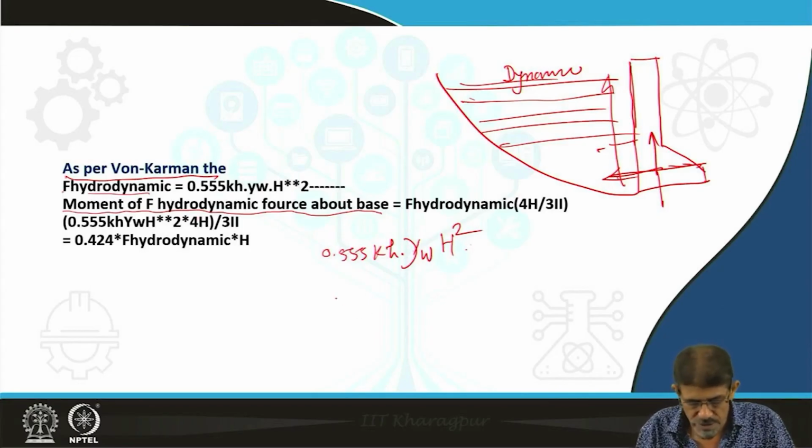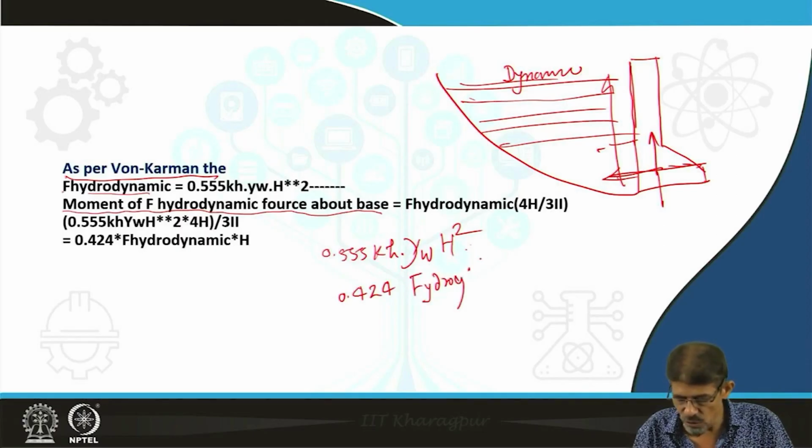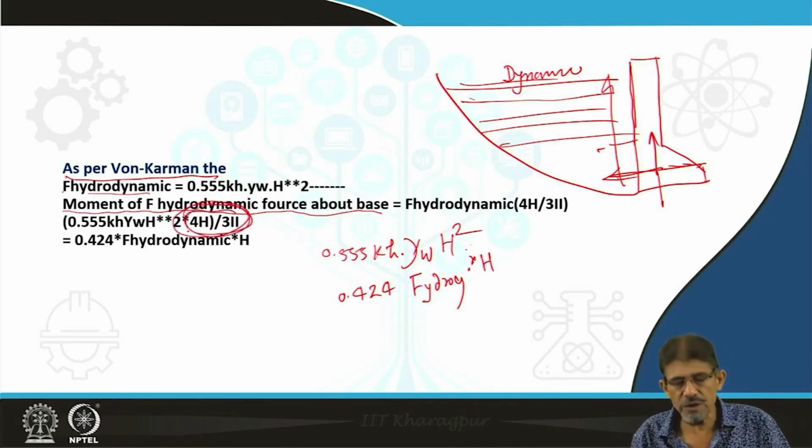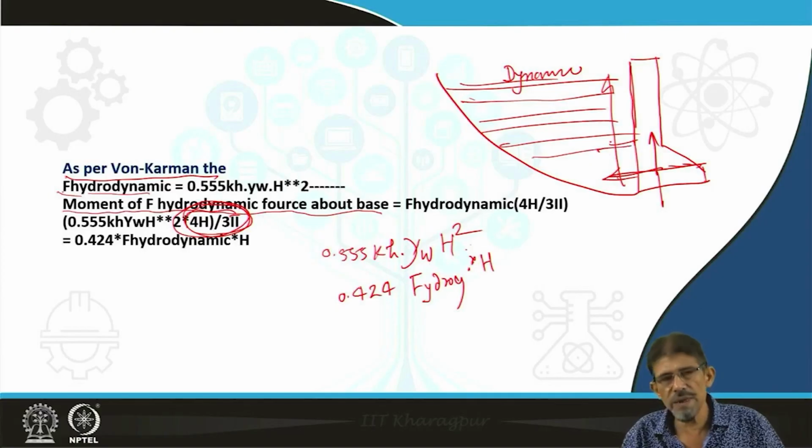So we can simply say that it is 0.424 F hydrodynamic into H, because we involve 4H by 3 pi. In this way we calculate the force caused by the hydrodynamic state of water on the dam.